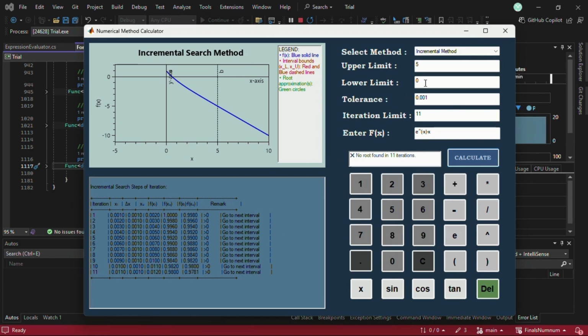So let's move on to the bisection method. We'll still use the same equation, but let's move the iteration limit up to 20.